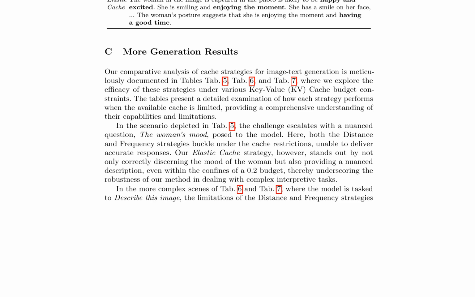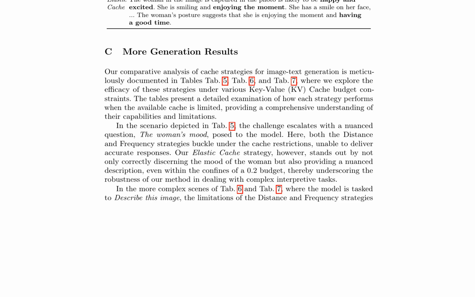Furthermore, the tables demonstrate the limitations of the distance and frequency strategies in more complex scenes, where the model is tasked to describe an image. In contrast, the Elastic Cache strategy showcases its robustness in dealing with complex interpretive tasks, highlighting its potential in image text generation tasks.